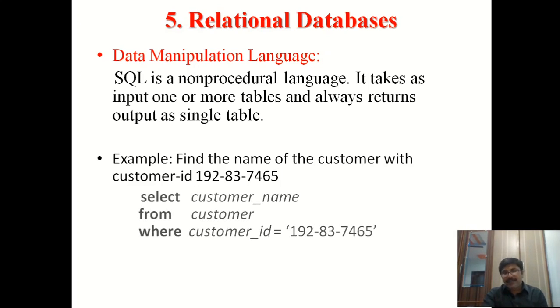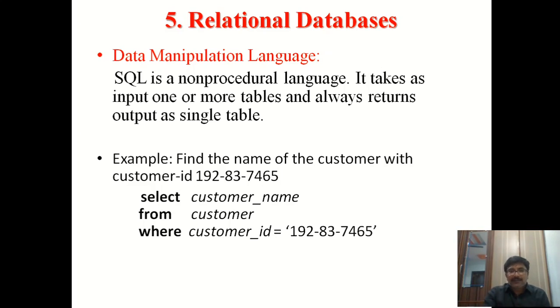The select statement has three parts: select, followed by the select list; from, followed by the from list; where, followed by the condition. The select list stores what we are going to print, that is the output.